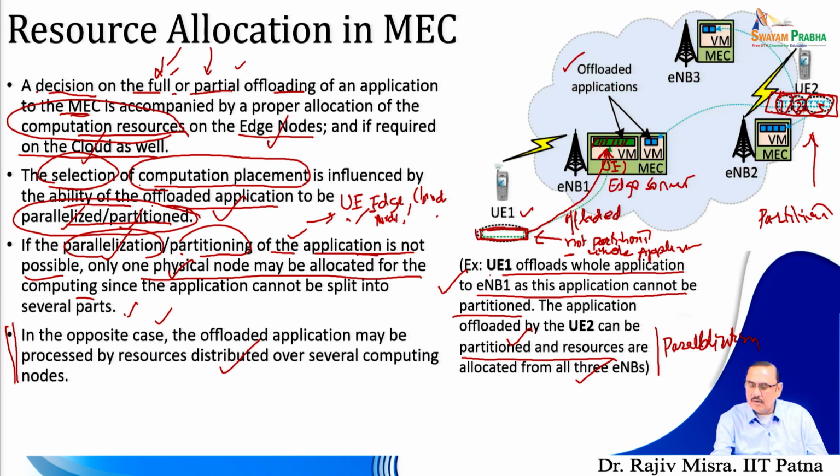Let us say that one is executing on ENB 1 of user equipment 2, the second component of this user equipment 2 will be executing on ENB 3 as the virtual machine, and the third one will be executed on ENB 2. So, you can see that they are executed in parallel.